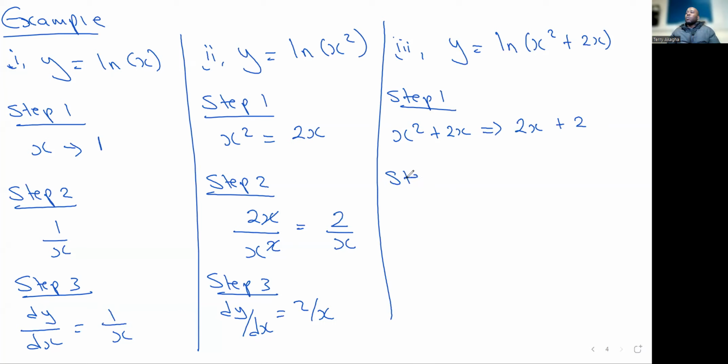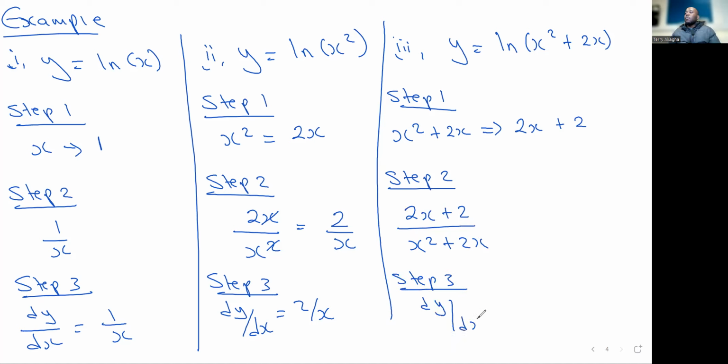Then step 2, you have to divide the answer by the element in the bracket, so it's going to give us 2x plus 2 divided by x squared plus 2x. Then step 3, dy over dx will now be 2x plus 2 over x squared plus 2x.